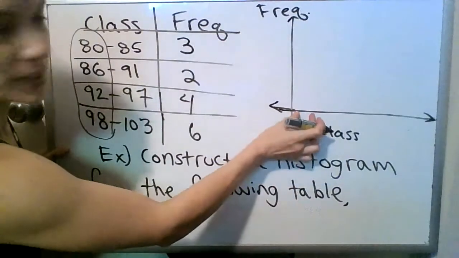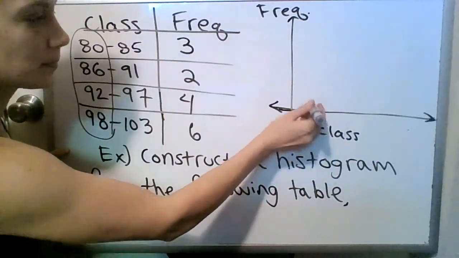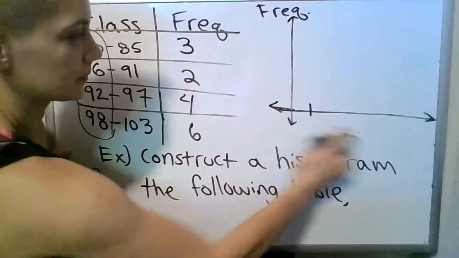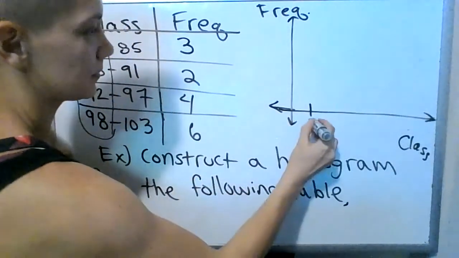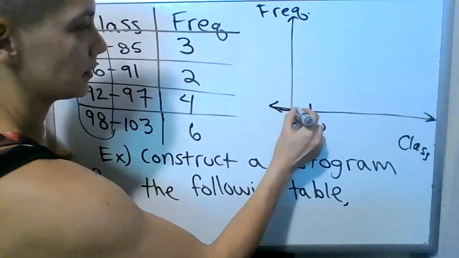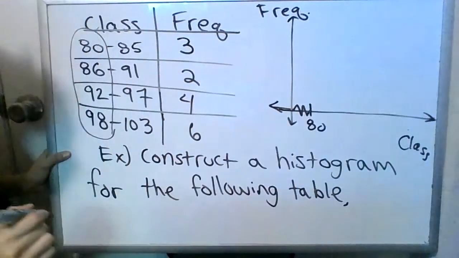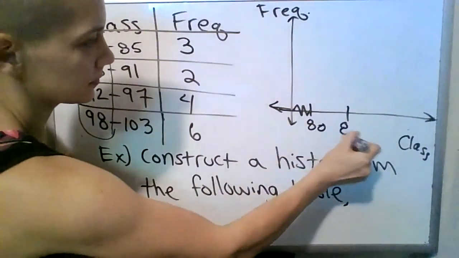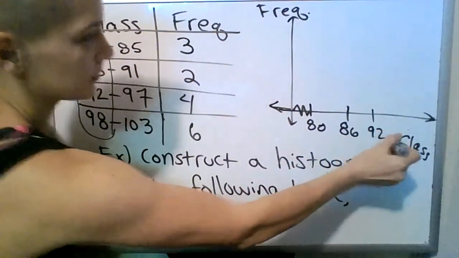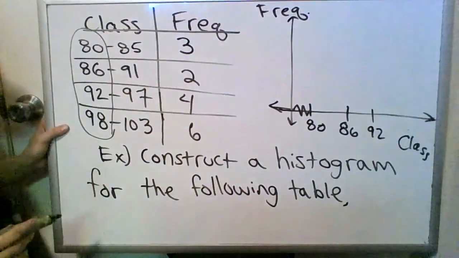And I'm going to put a little space between 0 and 80. Marker 86, 92. And 98, 104.